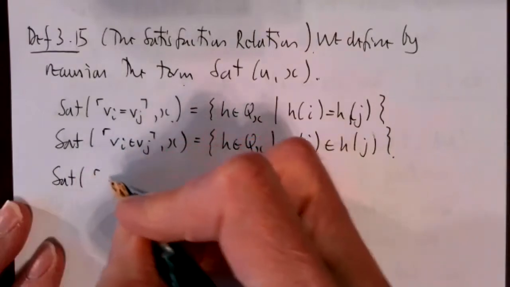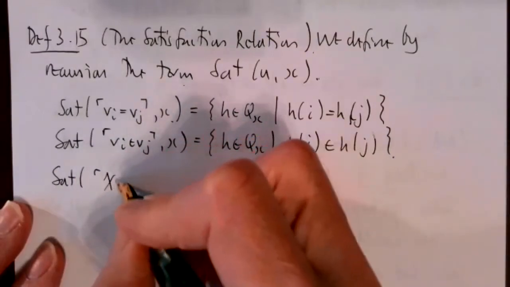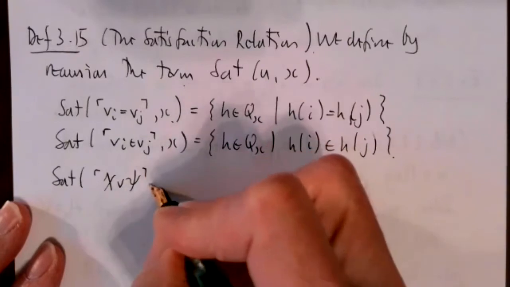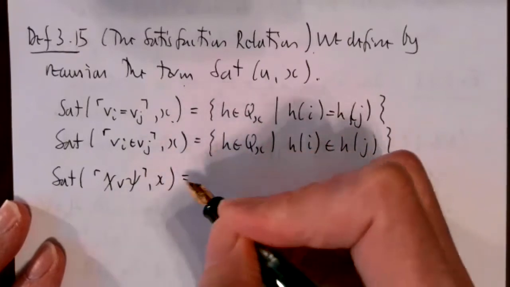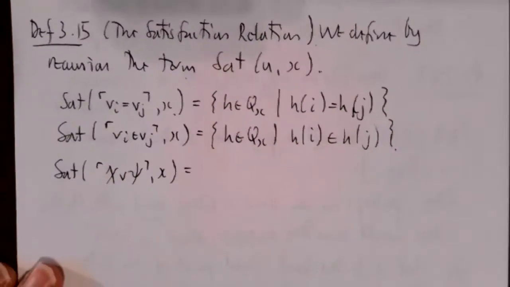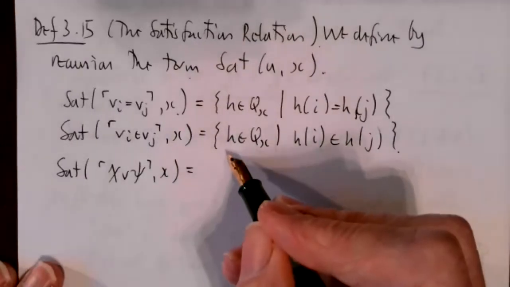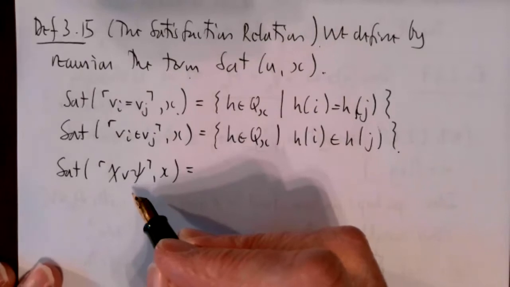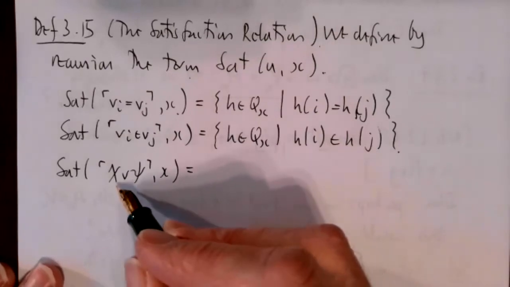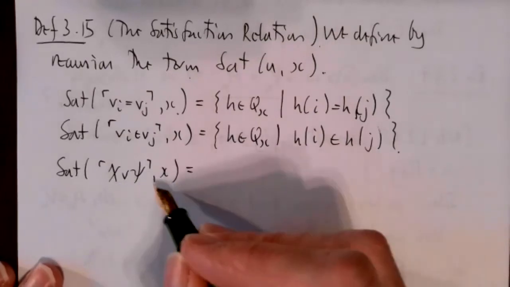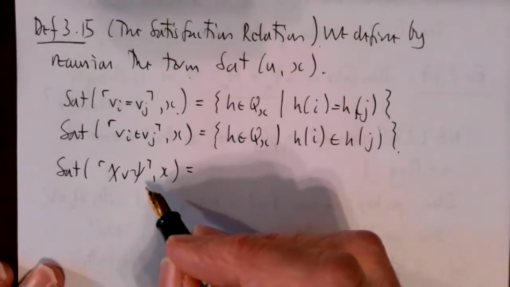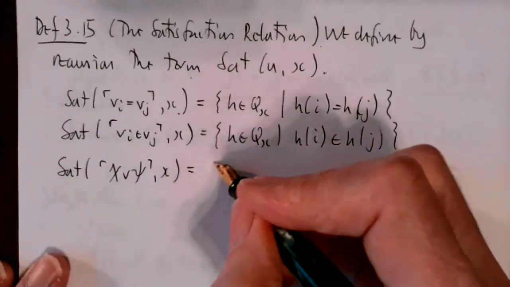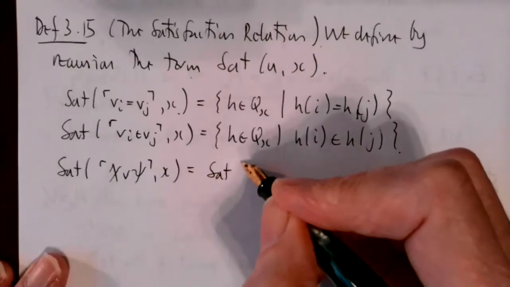Now, if I've got a disjunction, what assignments do I need to make chi or psi true? Well, any assignment that makes chi true or an assignment that makes psi true. So I'll just say it's the union of these two.